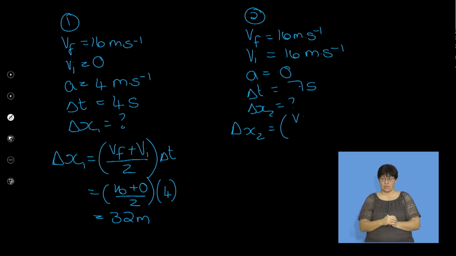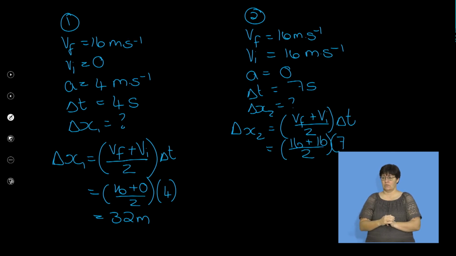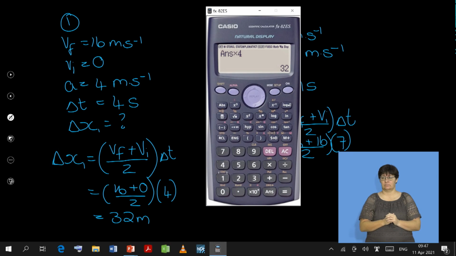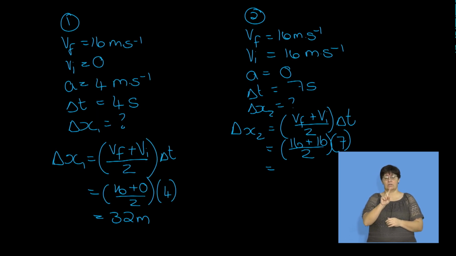So Vf plus Vi divided by 2 times delta t. So 16 plus 16 divided by 2 times 7. 16 plus 16 divided by 2. That's 16 times 7, and it's 112.